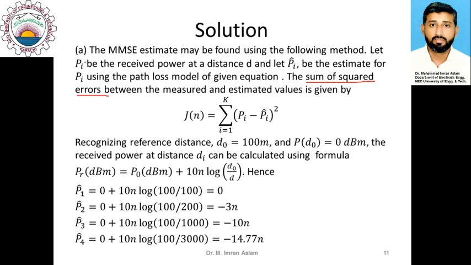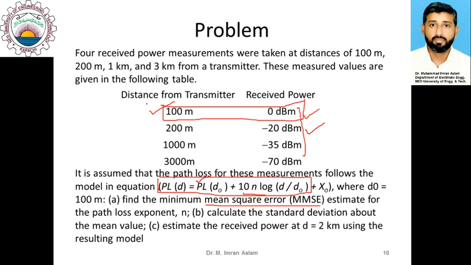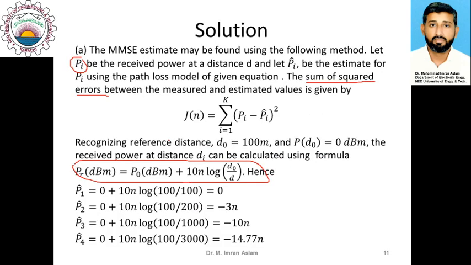I have indicated the measured power as Pi, and the power which is coming from this formula, the path loss formula or received power formula, because we are given the received power, not the path loss. In that case, we need to use this received power formula instead of path loss formula, but both formulas are same. So this Pi hat is actually representing the power which is calculated from this formula.